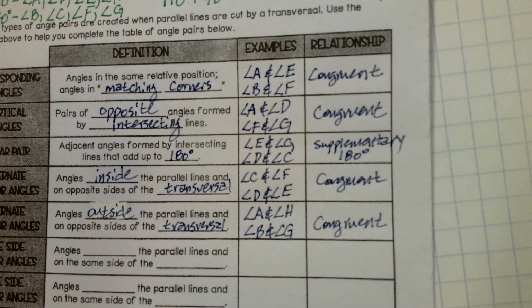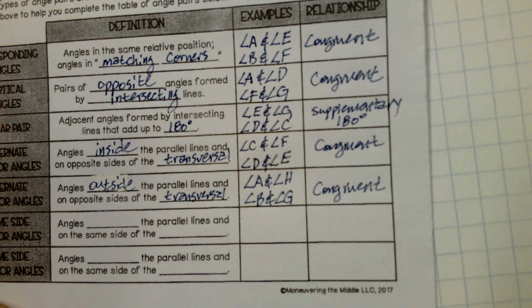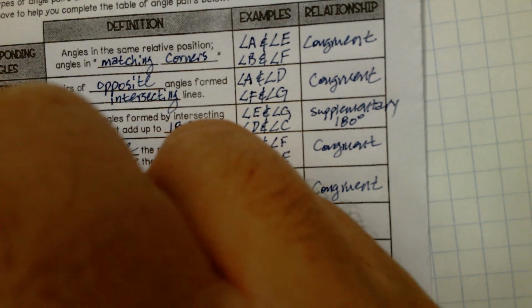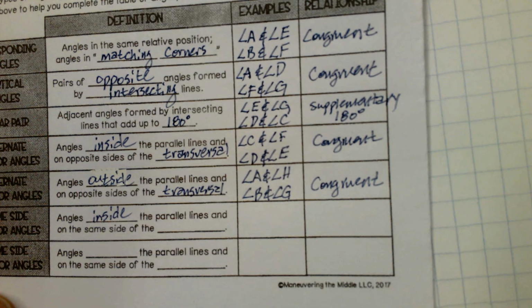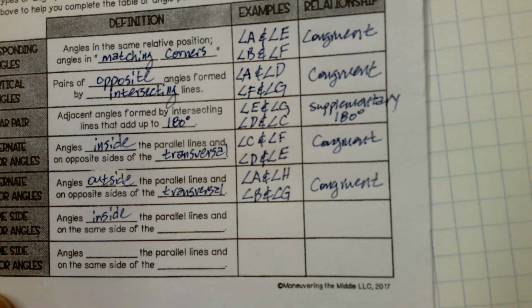Okay, so now we're going to go back and talk about interior again. So we're dealing with angles C, D, E, and F, but this time we want same side interior. So these are angles inside the parallel lines again. They're on the inside, the parallel lines, and on the same side of the transversal.